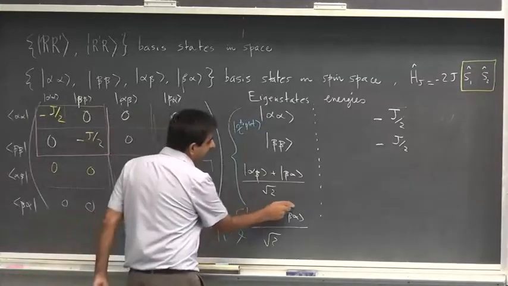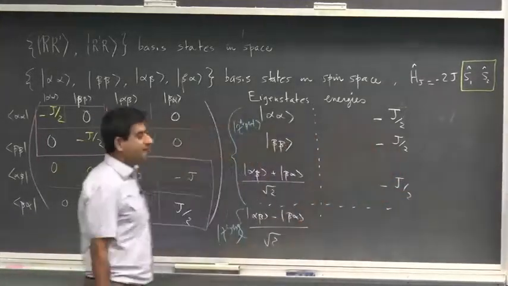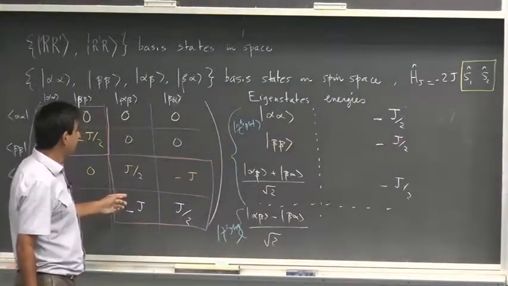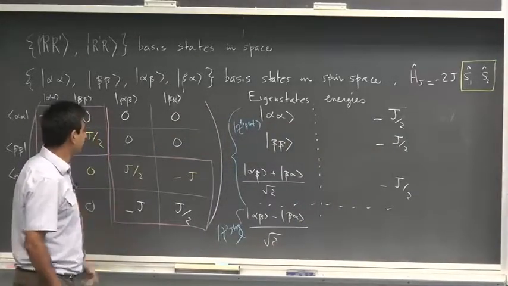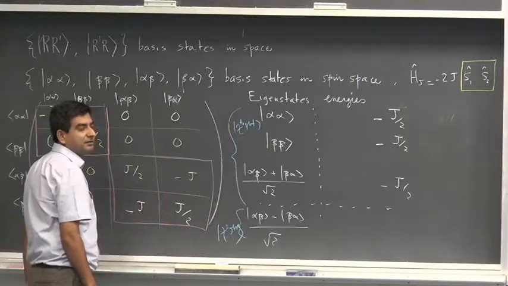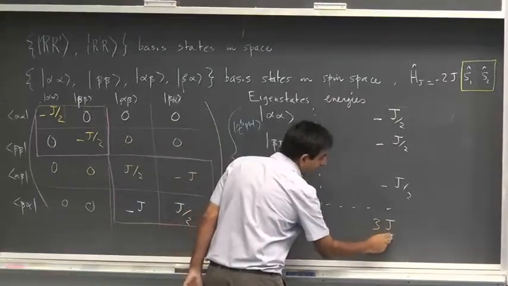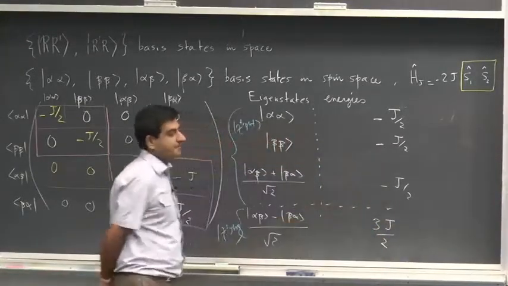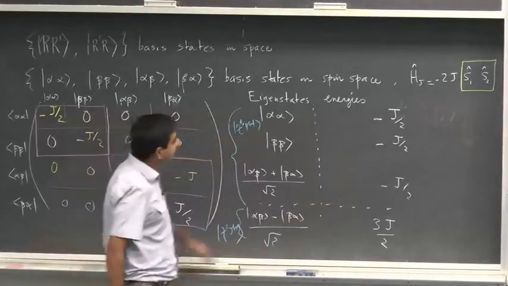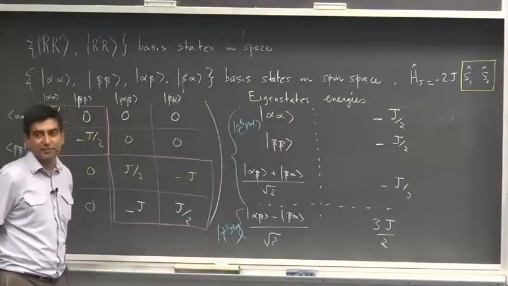So this triplet state has energy minus J by 2. Now this is going to be the difference, so J by 2 plus J, 3J by 2. And the separation between the singlet and the triplet manifolds is once again 2J.